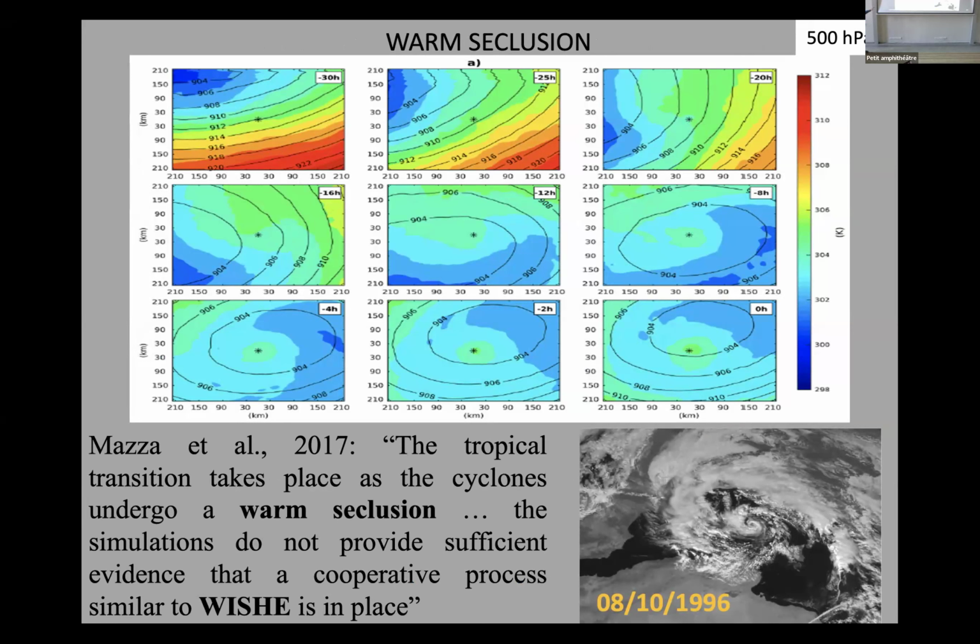This first case shows a case developing in the Western Mediterranean, and the conclusion was that the deep warm core, the evolution you see in the top panel at 500 hectopascal, can be interpreted in terms of a warm seclusion. So apparently diabatic processes are in place, but do not seem to be fundamental to explain this kind of evolution.